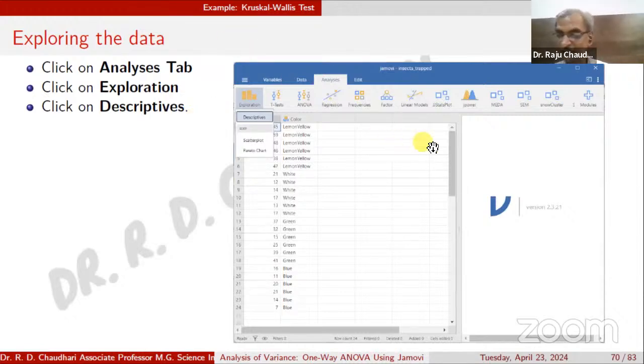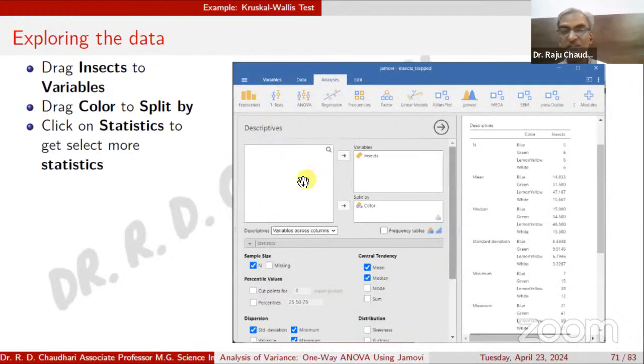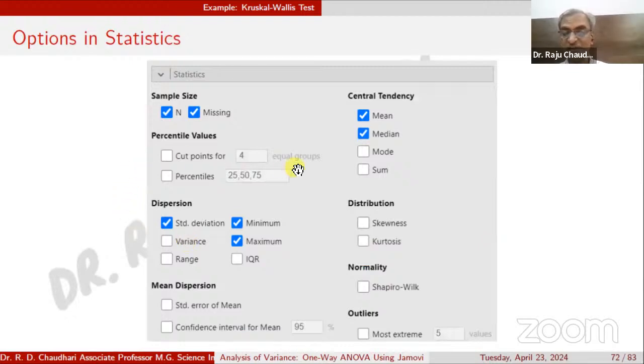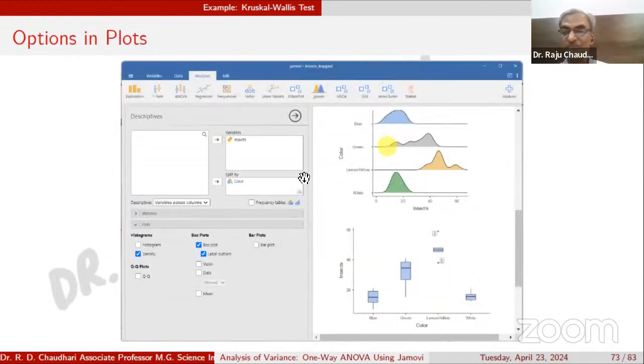It is exactly the same as we used earlier. We have the number of insects, a continuous variable, and color, and we have the summary statistics. Then you can check the mean, median, mode, and the plots also.